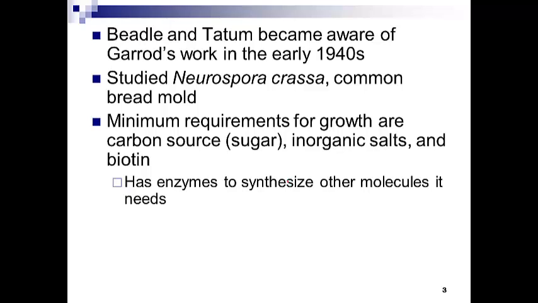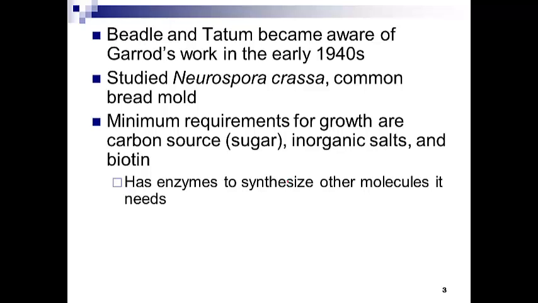So Beadle and Tatum worked in the early 40s studying a common bread mold. And what they were looking at is the minimum requirements for the growth of this mold. It needs a carbon source. We have to give it something to grow on. That's the carbon source, a sugar. It needs inorganic salts, and it needs a cofactor called biotin.